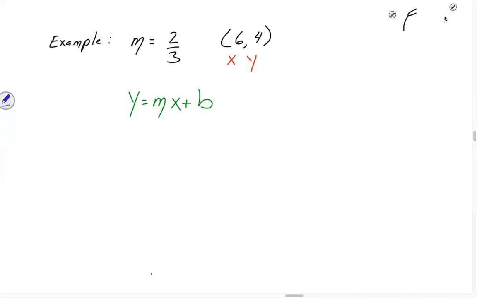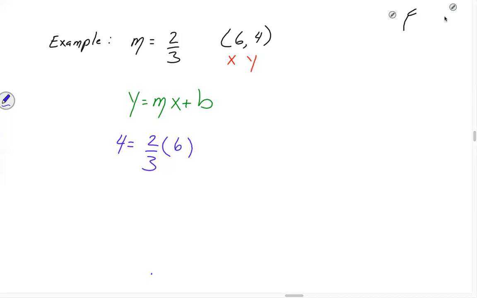Liam, what is y? Four. What is m, Mackenzie? 2/3. Kevin, what's x? 6.